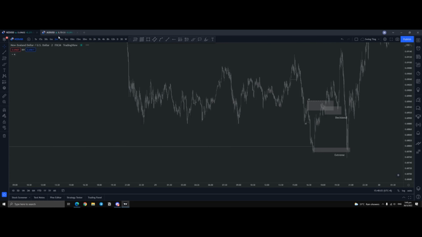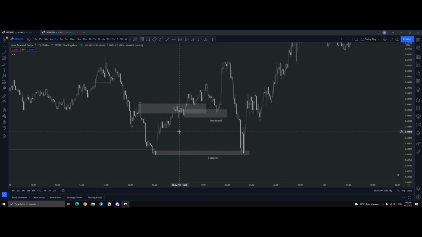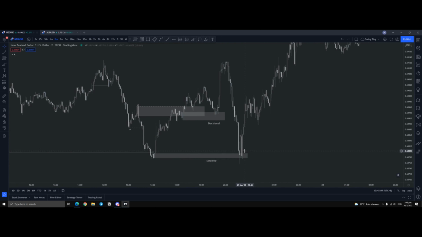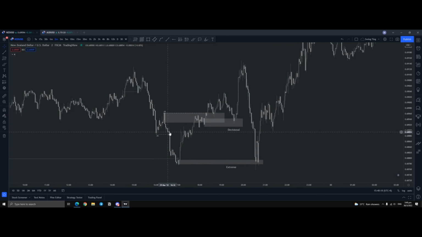You can see how in this case, this was a trade I did talk about. I did not take the trade because it was past my trading hours, so I don't take trades after that unless I really need to or the trade looks good. You can see how in this case you have the extreme, the start of the move that really caused the push up, and you have the decisional that really caused the break of structure and the break of a supply zone.